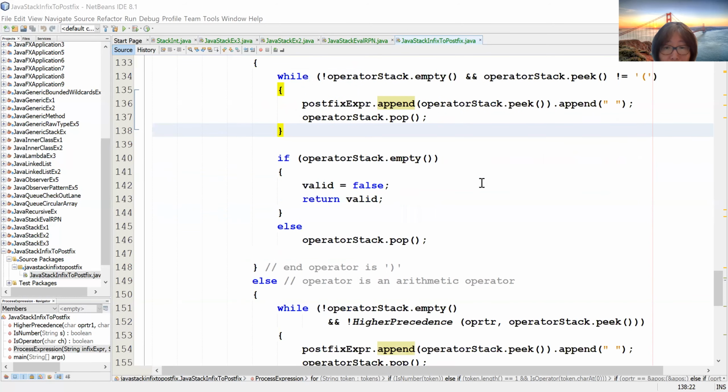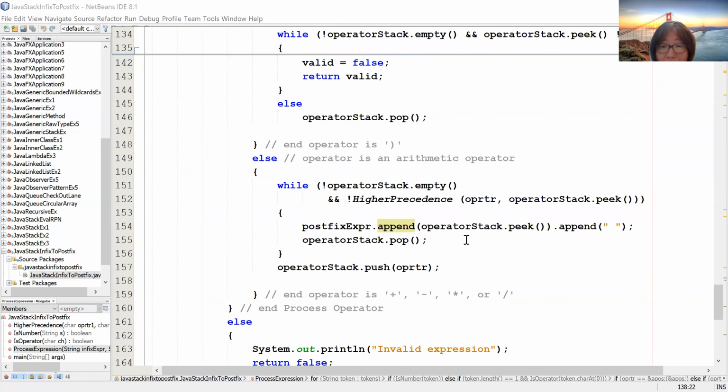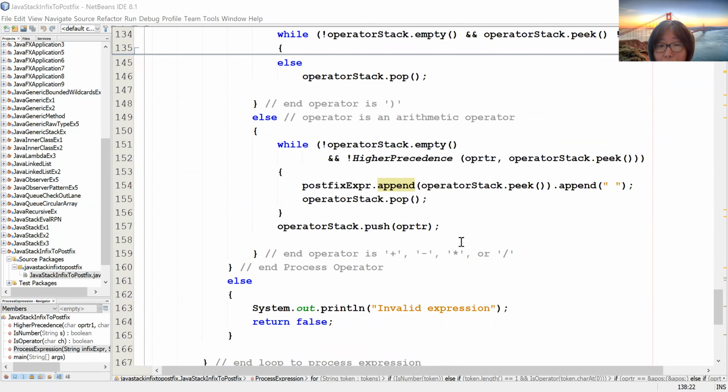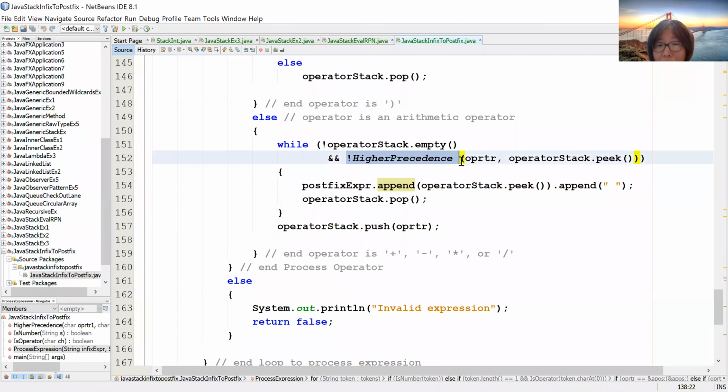Next, if it is an operator, we need to check the higher precedence, comparing the operators. If the token doesn't have higher precedence than whatever is on top of the stack, then you get the top items out and append the top operator to your postfix.